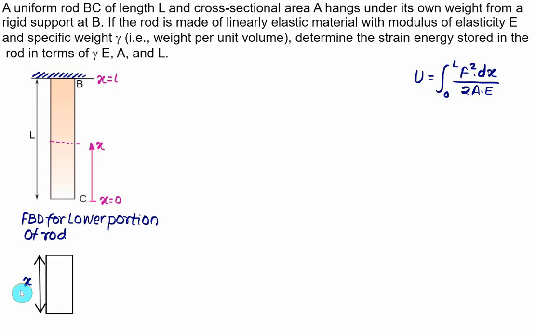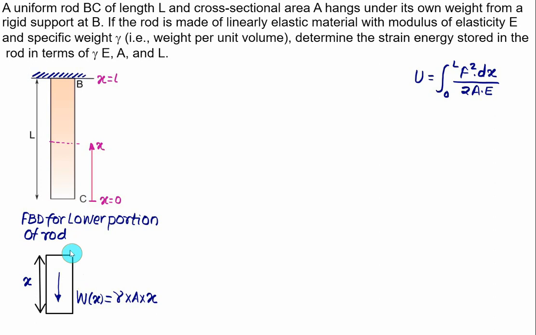In this case the weight will act vertically downward. So here the weight will depend upon the section that we have selected. So the weight is a function of length x, which is equal to the specific weight gamma multiplied by volume. Here volume is equal to area A, and we have length of section equal to x.